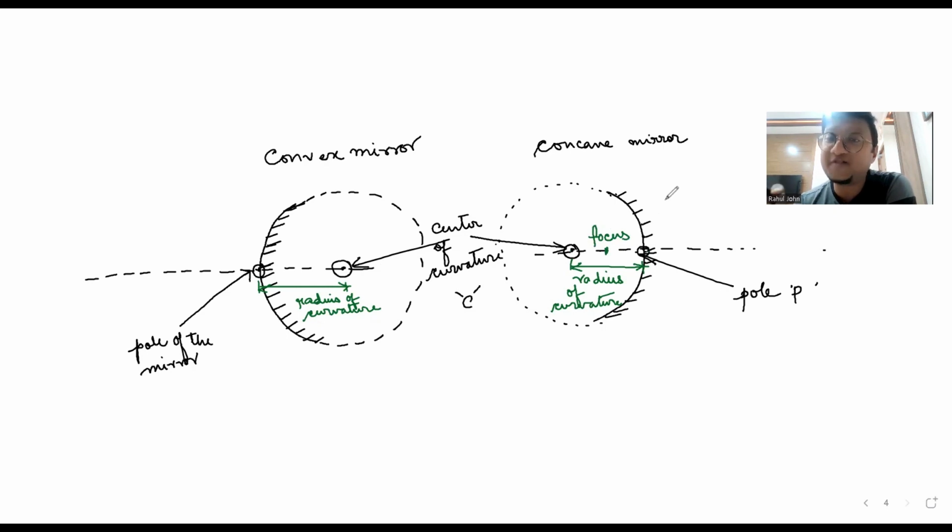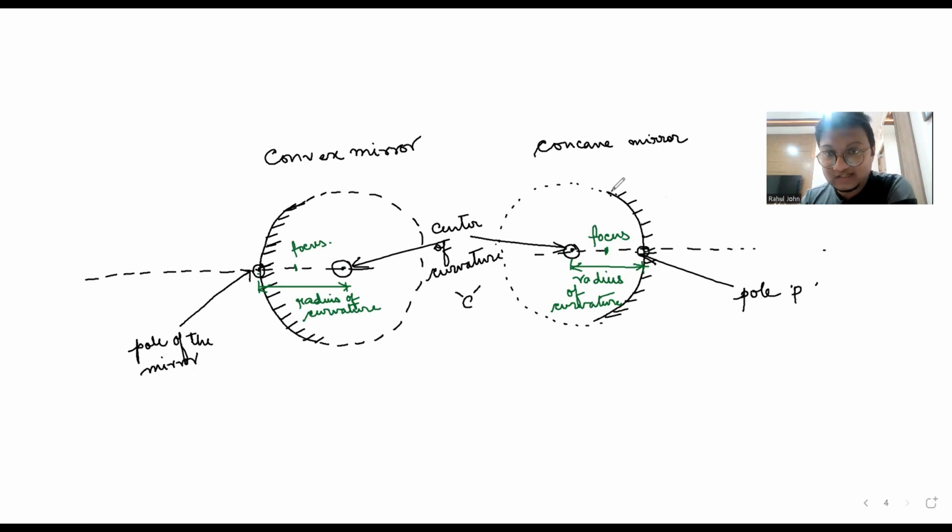But for now, you just need to know that the point midway between the center of curvature and the pole of the mirror is called the focus. Similarly, for the convex mirror too, the point exactly midway between pole and center of curvature will be called the focus.